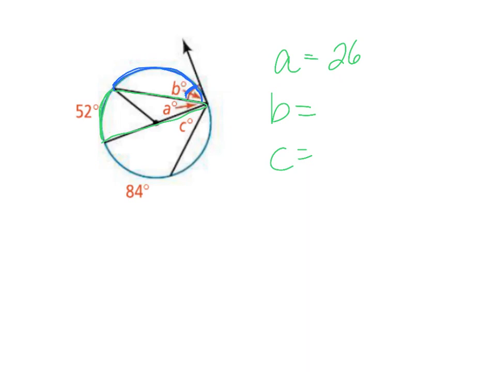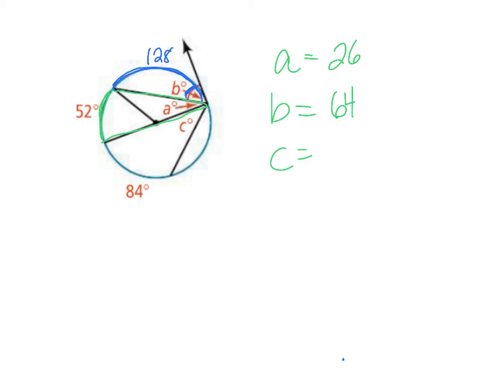This is 52. 180 minus 52 would be the arc that I need. This is 128. So now, to answer the question as far as what is B, B is half of that arc. So half of 128 is 64.